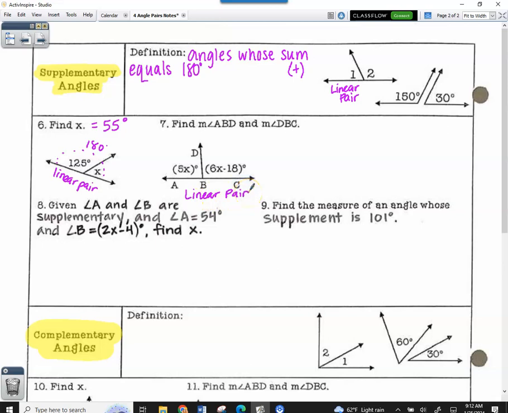You have the two angles stacked together like two puzzle pieces, and it forms that straight line. So from here to here measures 180. The whole thing. So it's going to be part plus part equals 180.